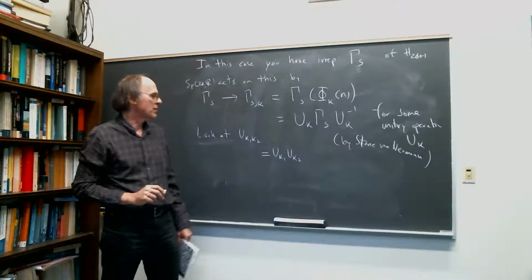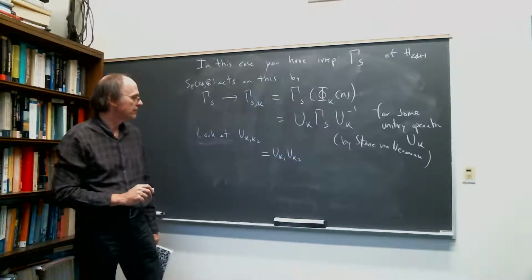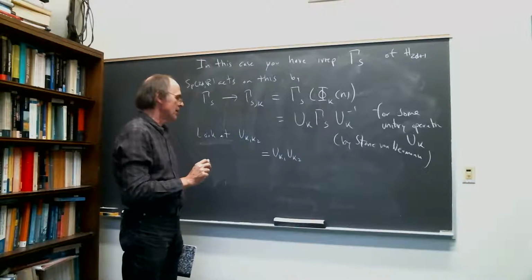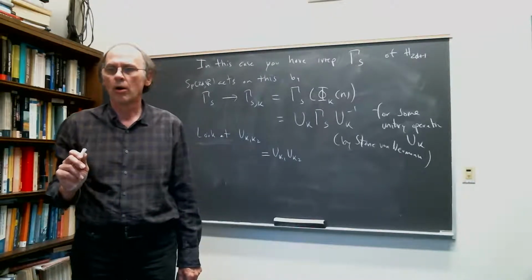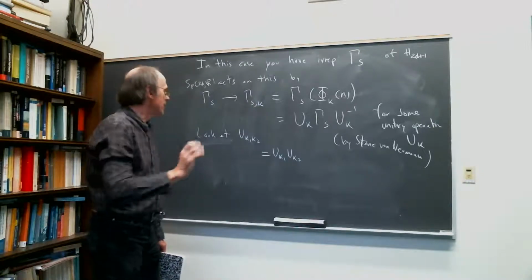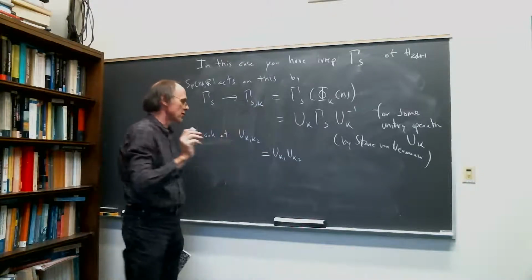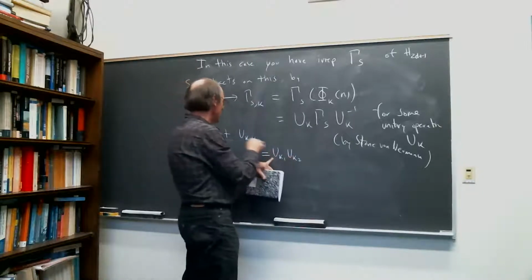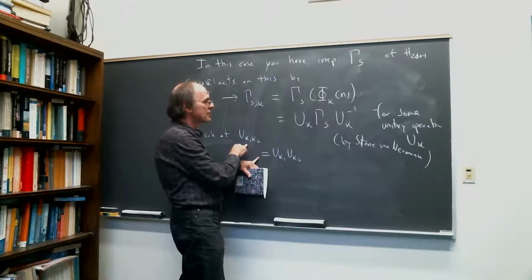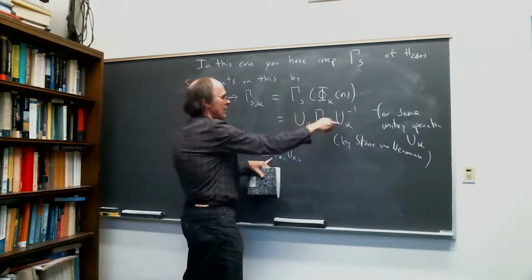But the problem is that... So you are saying those U_k's are not just unitary but also symplectic? This is what I want to show. If you have these, you can do this and get a representation.